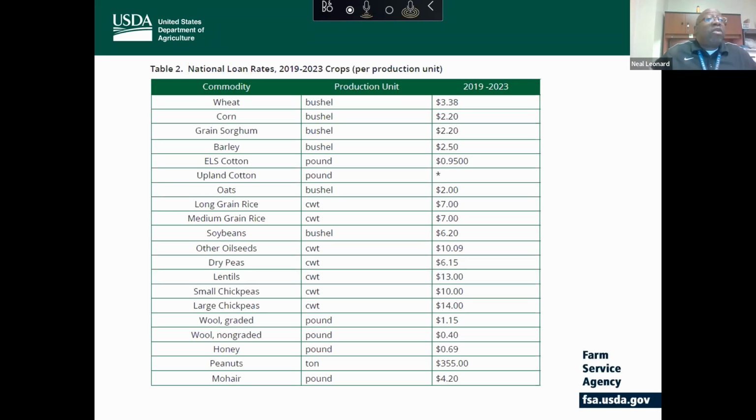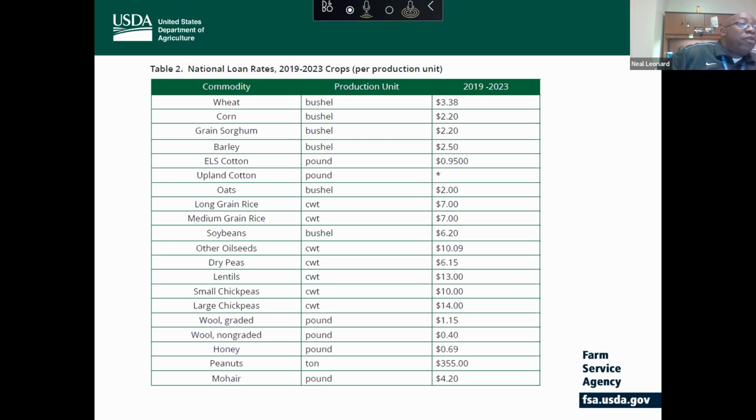And basically what I want to say, if the market price for a particular crop drops to a certain level, even as we look at the national loan rate, if it drops to a low level, and say you do have a loan, then you can actually repay the loan at a lower repayment rate, and that will help the producer out.